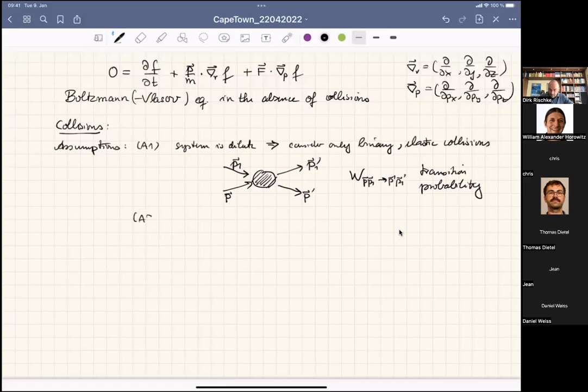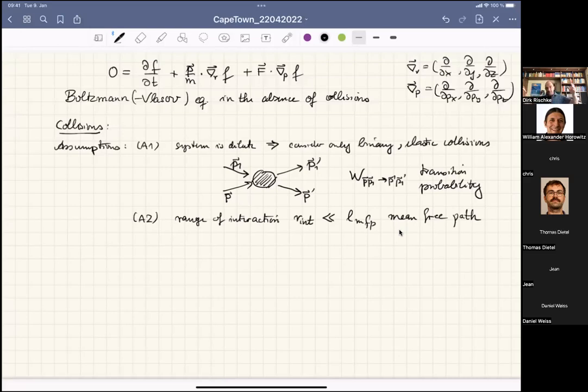You have to assume that the range of interaction, so that means basically the range where this collision process happens, R int, is much, much smaller than a quantity which we call the mean free path. That means between collisions, the particles propagate in a non-interacting, free manner.